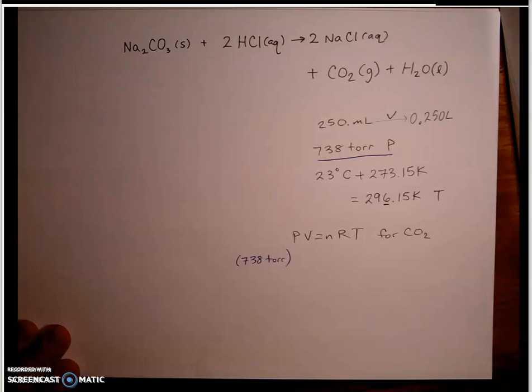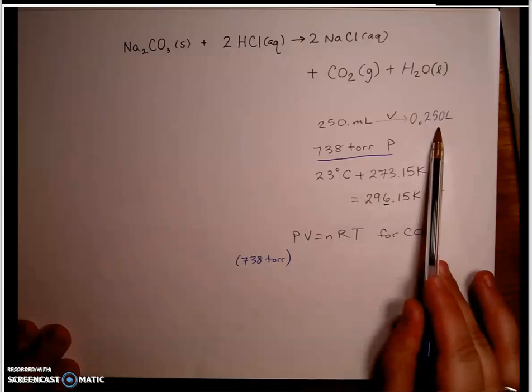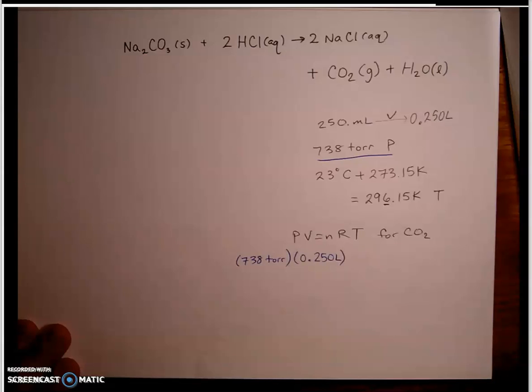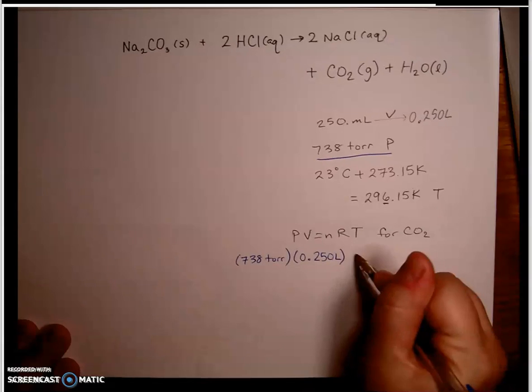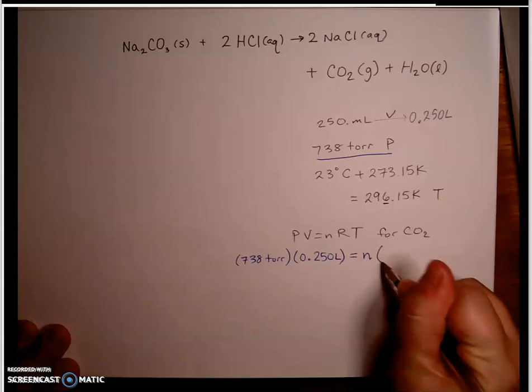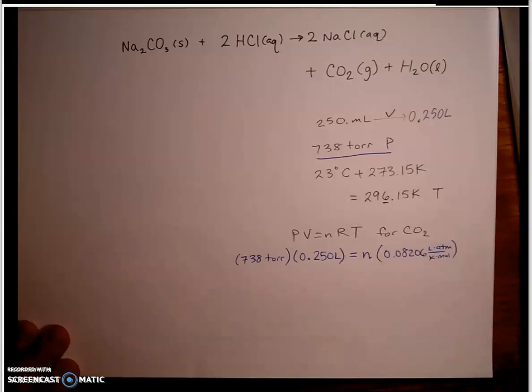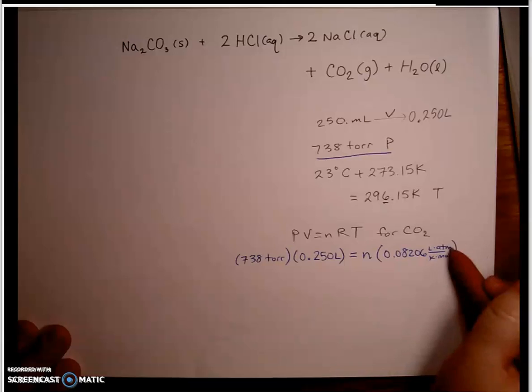Now our volume, 0.250 liters, and that's equal to moles times R, 0.08206. And I always write the units for R so that I can make sure I have the correct units in my pressure, volume, and temperature.